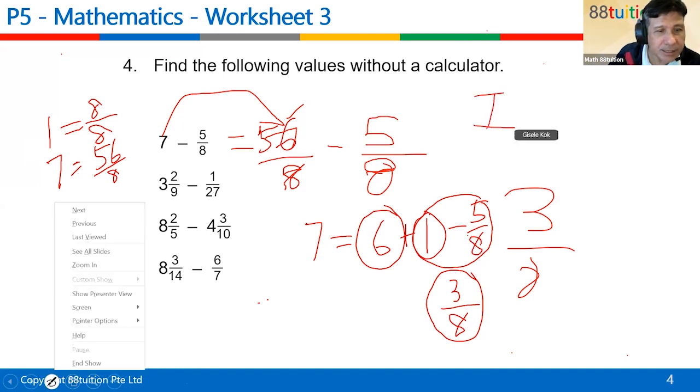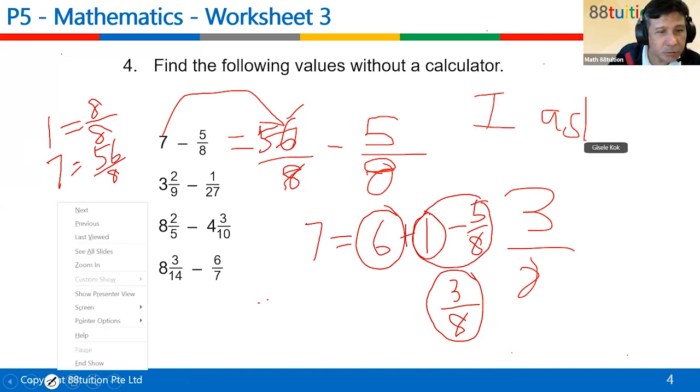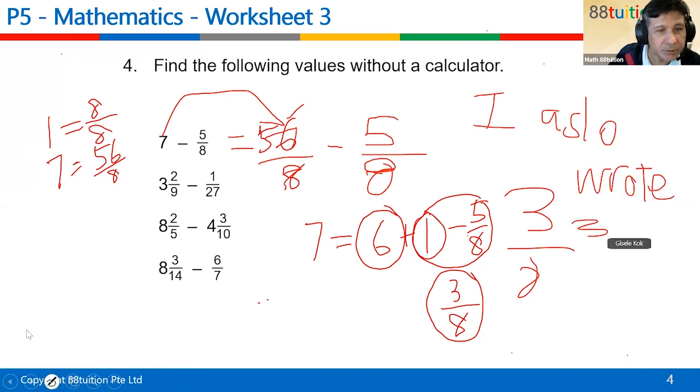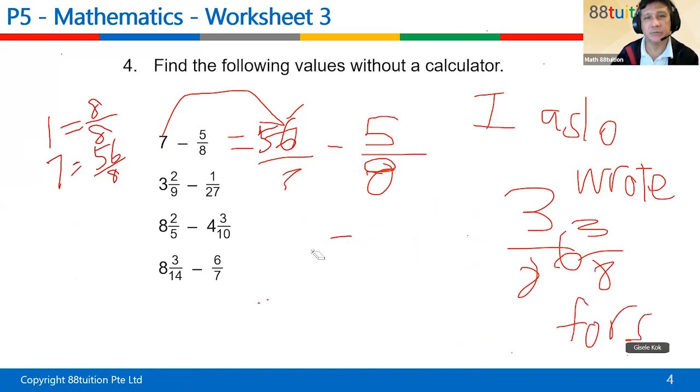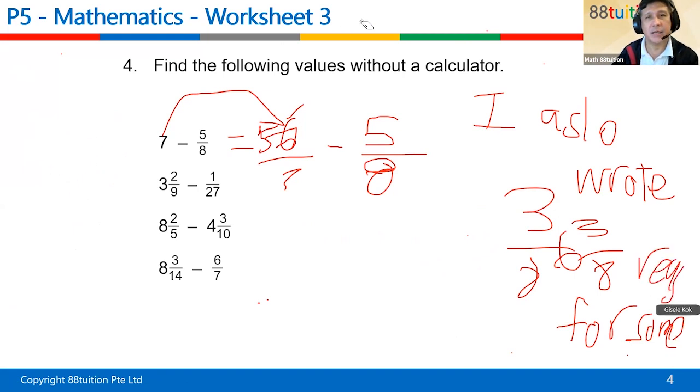Okay, you see, I don't know what is wrong today. I'm trying to get my eraser out. Okay, wait. Let me just clean this. All right, let's try to clear this.